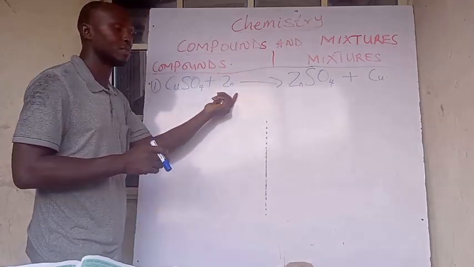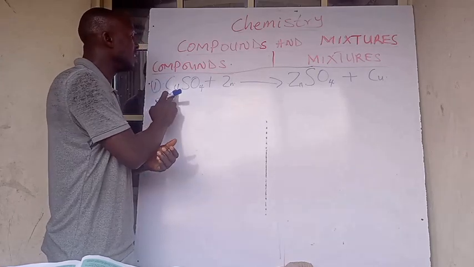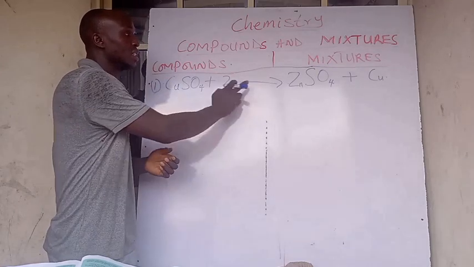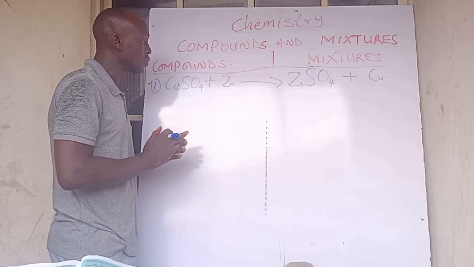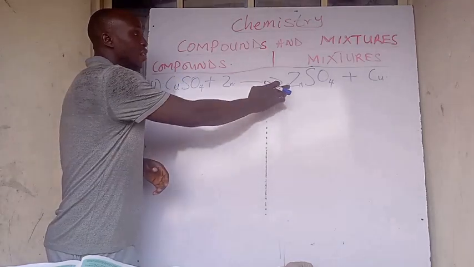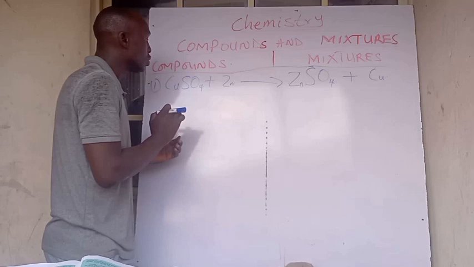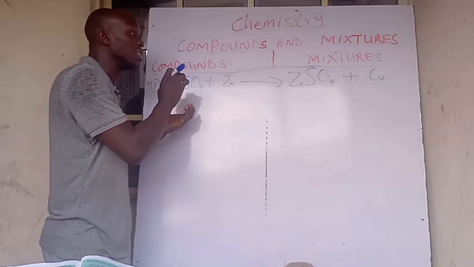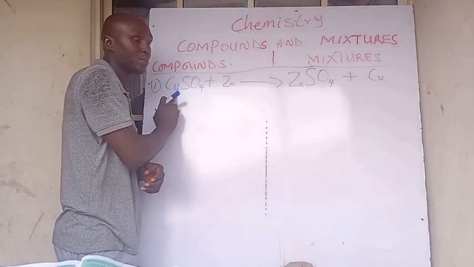By zinc. That is because in the electrochemical series, copper is having less energy than zinc. So zinc is electropositive, while copper is also positive. So you can see that in the electropositive series, zinc is ahead of copper.